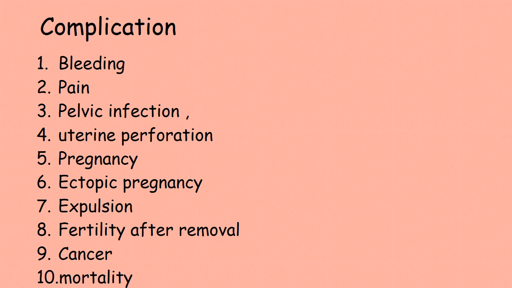Then pregnancy: even after inserting the device there is a chance of getting pregnant. And ectopic pregnancy, as we have already seen, is the development of the fetus outside the uterus.